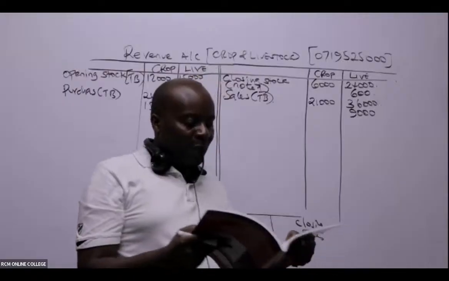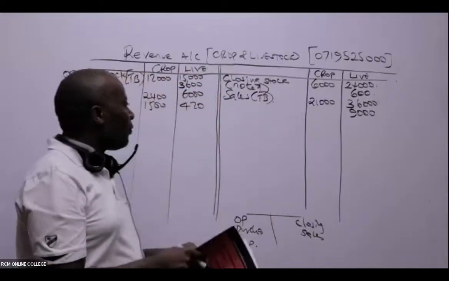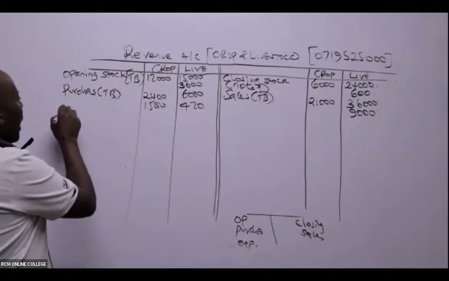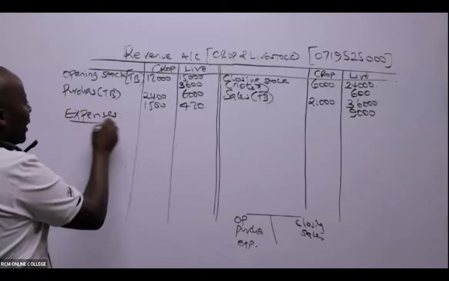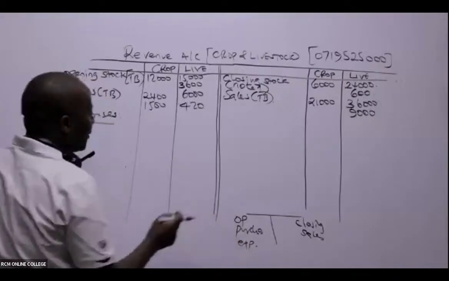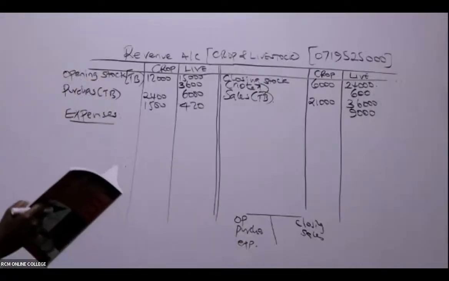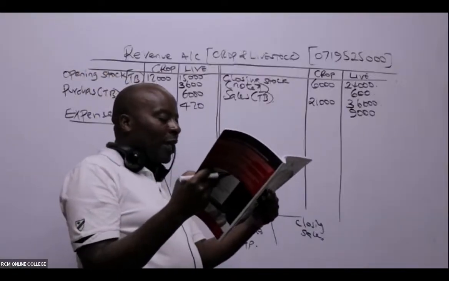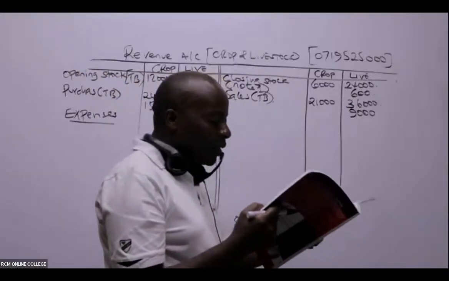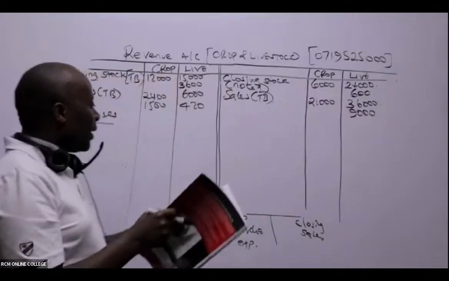Now, from there, ladies and gentlemen, I'll start scouting for expenses, as per this account. Remember, it's only direct expenses. So direct expenses, I'll look under farm and under purchase of seeds. I can see wages, a direct expense.